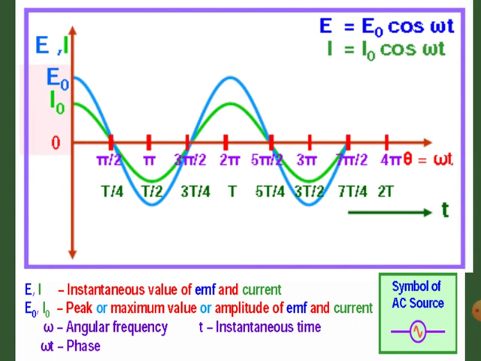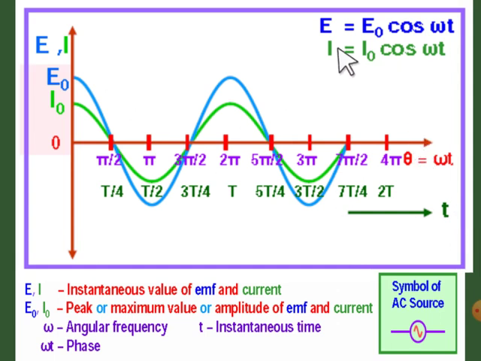Now when we say sinusoidal functions, both sine and cosine functions are collectively called sinusoidal functions. The previous one was for a sine function, so let's see whether a cosine function can also represent AC current.